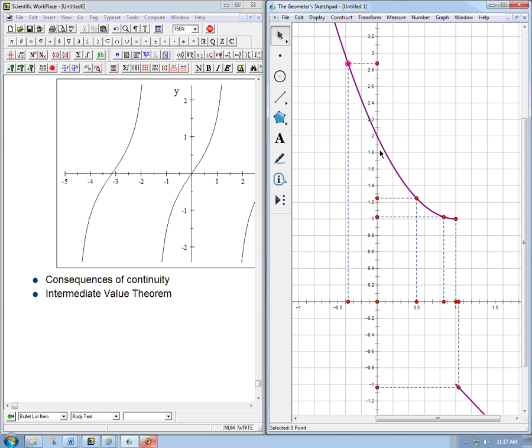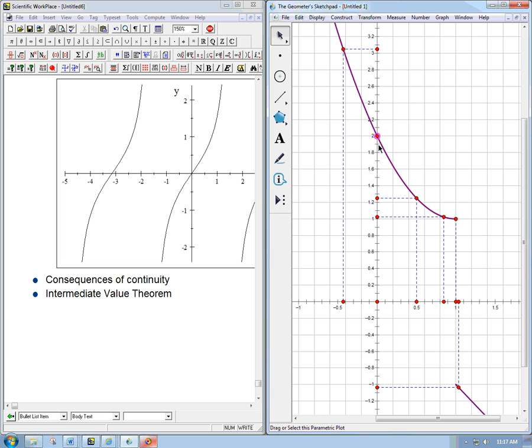Let's suppose somebody said, I bet you that I can go from this value, x equals minus 0.5 and y equals about 3, to x close to 1 and y just a little bit bigger than 1, without going through y equals 2. So let me graph y equals 2.